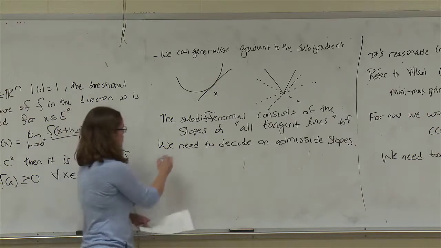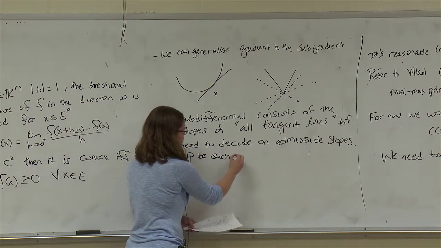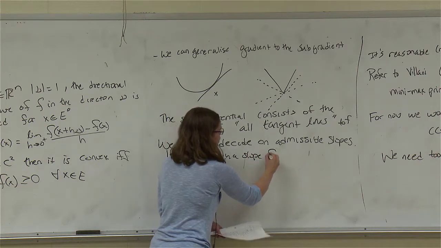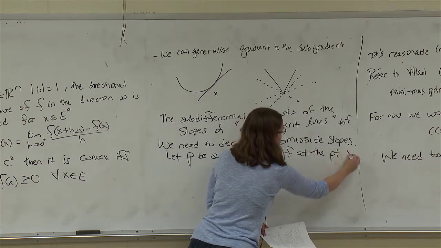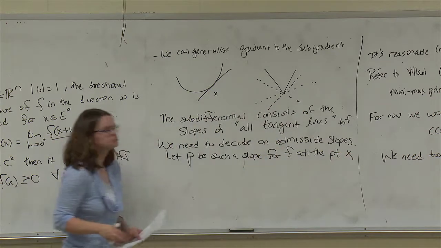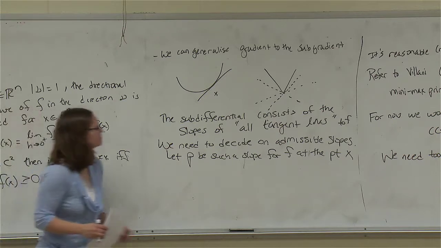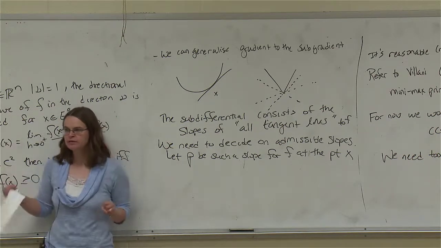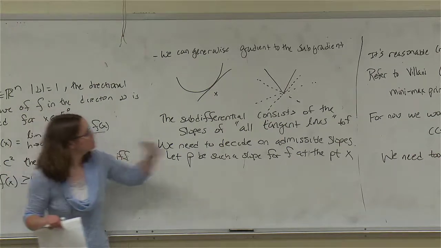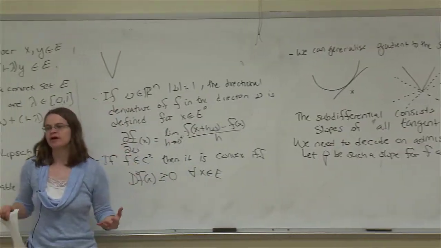Okay, so let p be such a slope for f at the point x. So in other words, at the point x, I draw some kind of tangent line, some kind of line that kisses this function at a point and lies below it otherwise, and this line happens to have slope p.